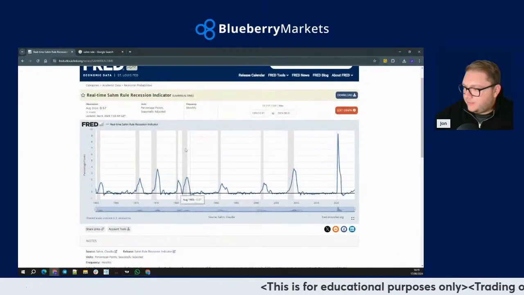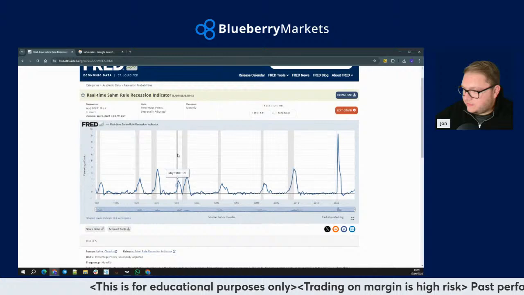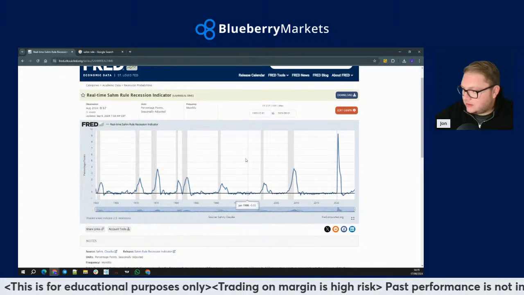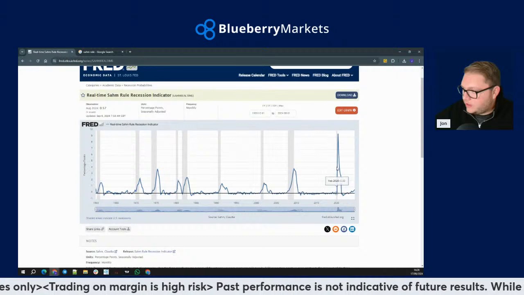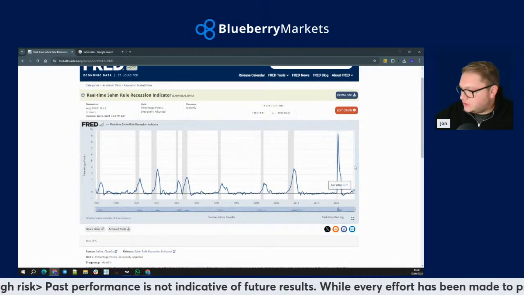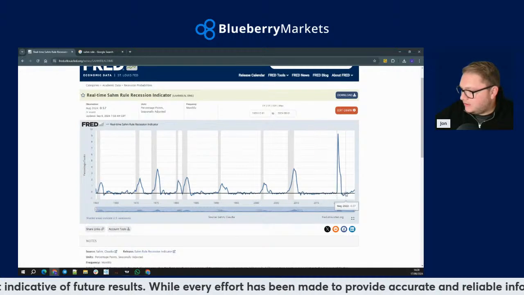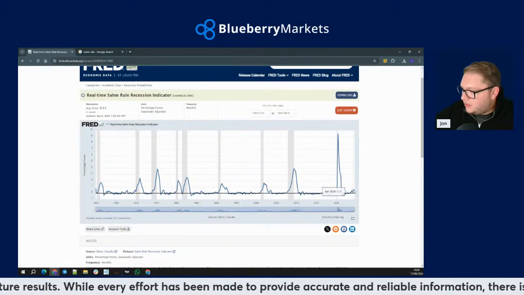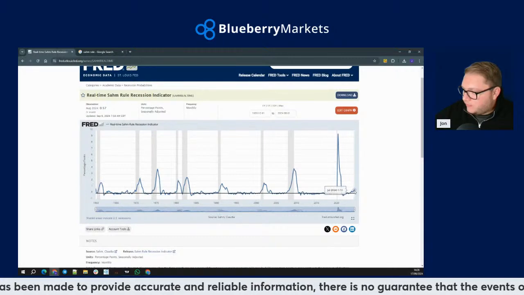So you can see all through 1970, 1974, 1980s as well, obviously 2008, and then that quick sort of market flash crash of 2020. And what it looks at is this little crossover here, essentially, where we get above the average of those 12-month lows, right?